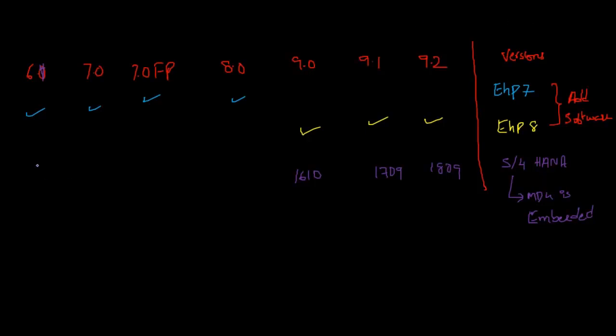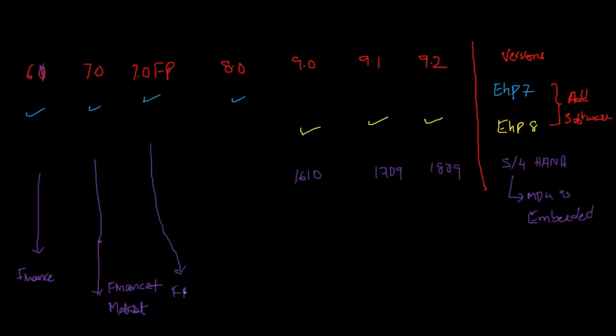For example, if we take 6.1, it has most of the finance module, and 7.0 included finance plus the material module. 7.0 Future Pack included finance plus material plus business partner as well.